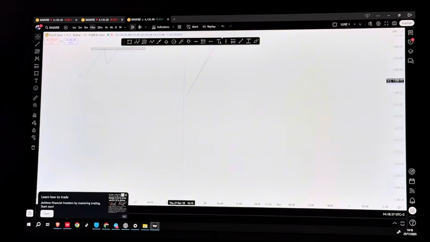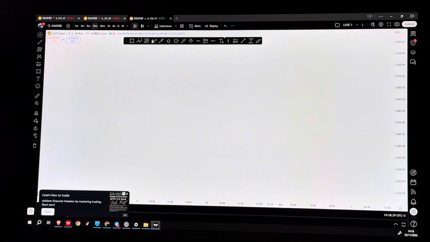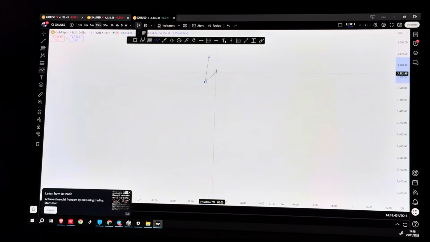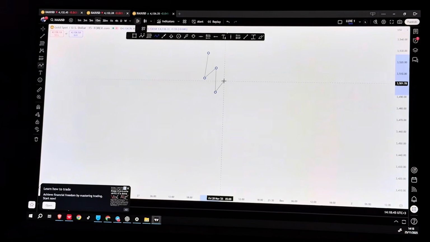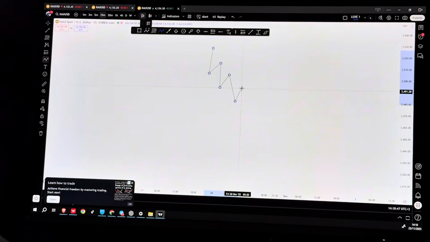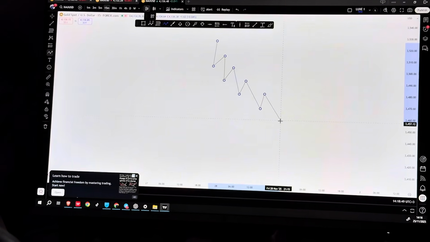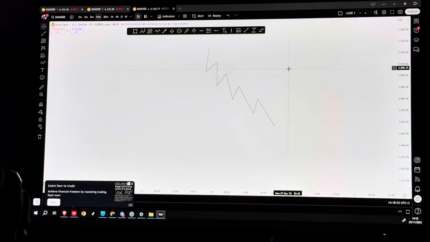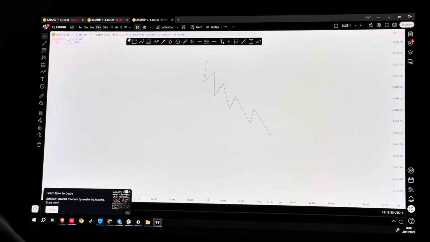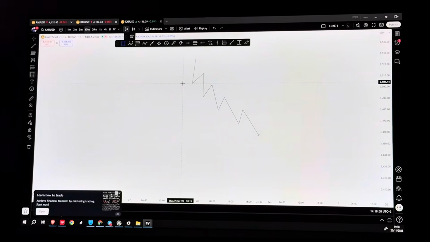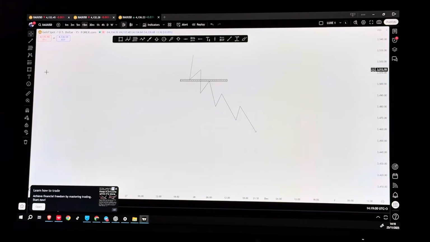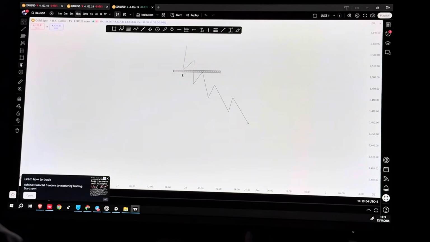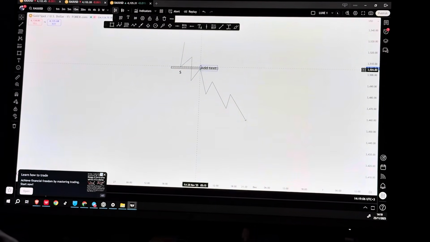The same thing applies on a bearish market. Bearish forms lower low, lower high, lower low, lower high, and so on. If your market breaks your support, your market must do a retest. This point here was your support, this point here is your resistance.